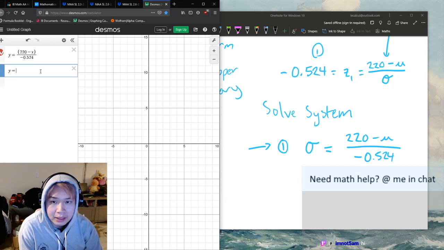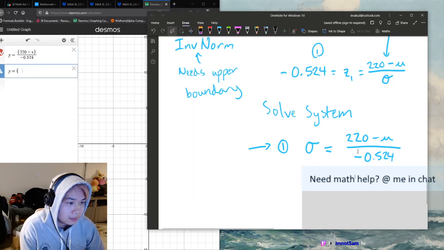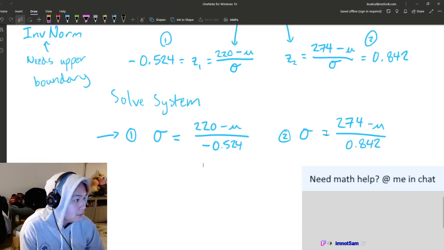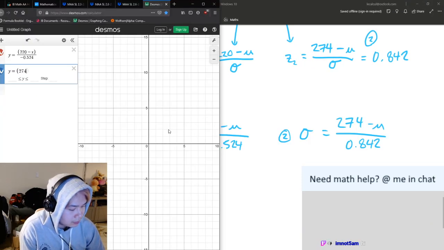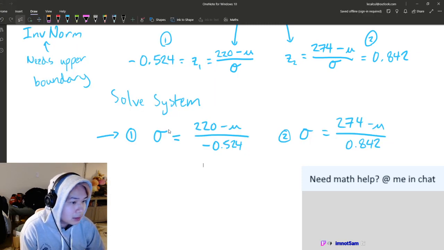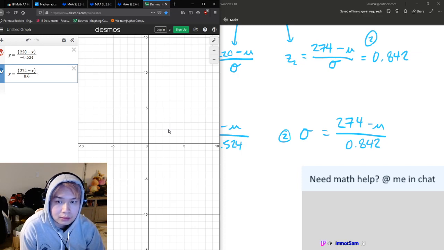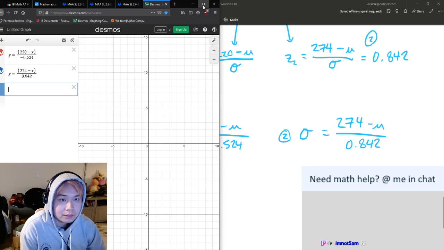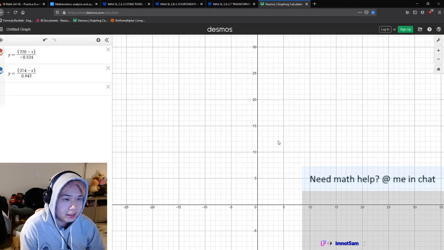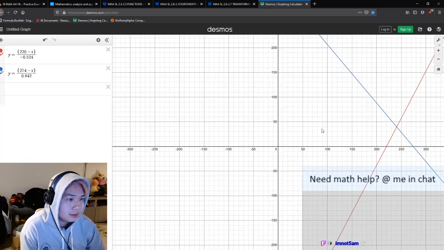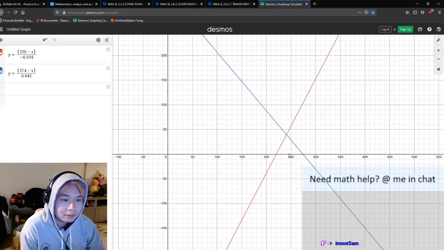And then y equals the other one, 274 minus x divided by 0.842. And then I can just zoom out, and then there it is. Oh, I was changing the wrong window, that's why. I should have had my x's in the 200s. But anyways, here it is.